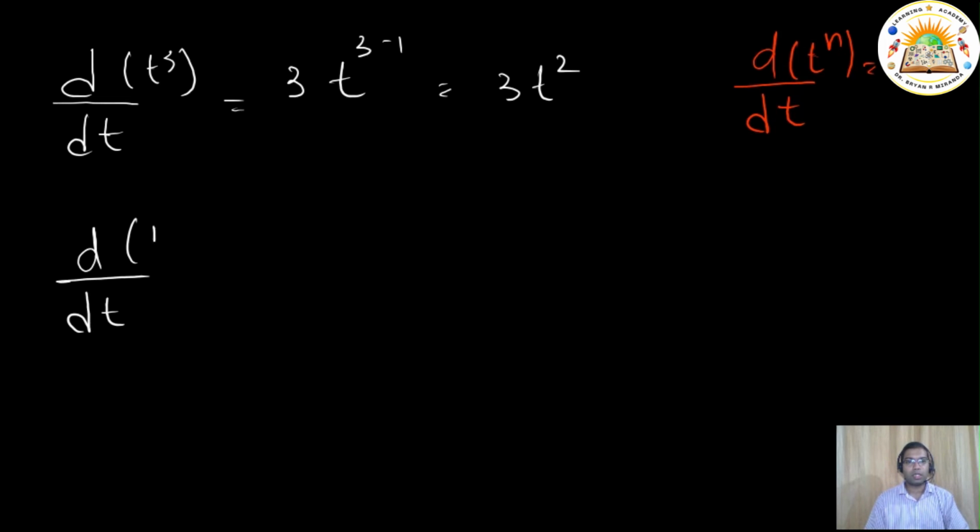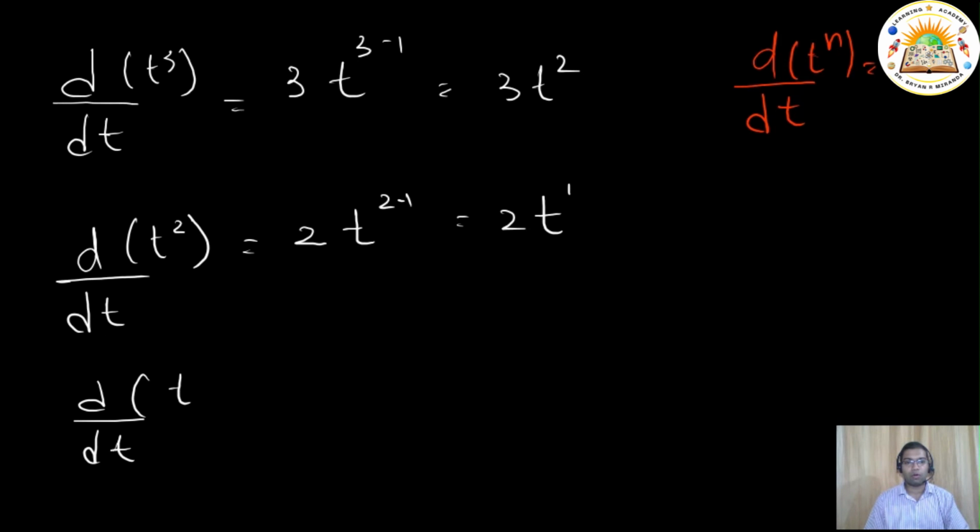Similarly, d by dt of t square becomes 2 t to the power 2 minus 1, which is nothing but 2t power 1. d by dt of t power 1 is 1 times t to the power 1 minus 1, which is 1 into t to the power 0, which is equal to 1.